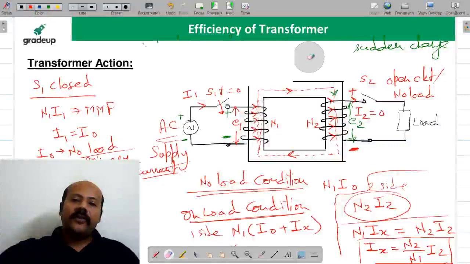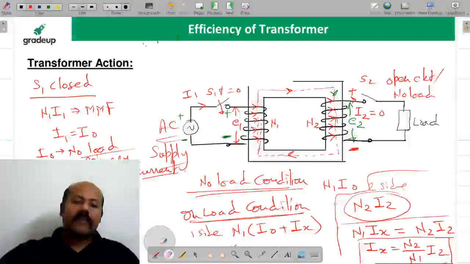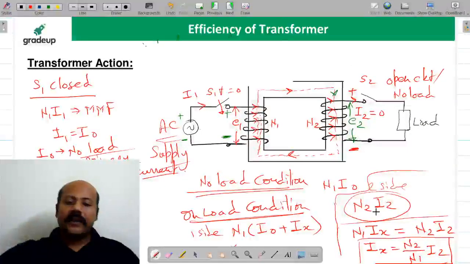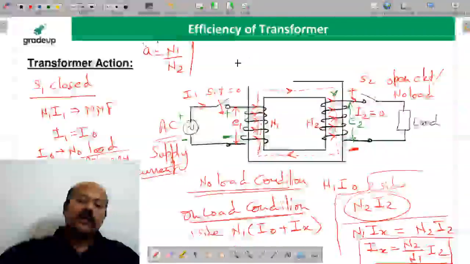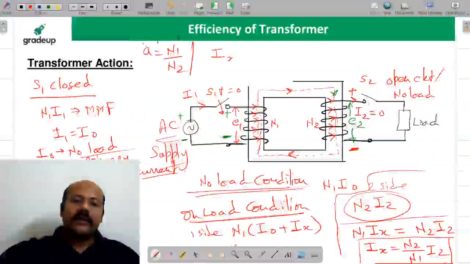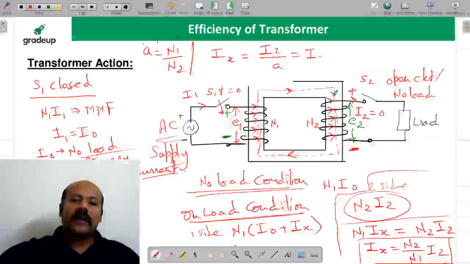Now just listen to me very properly. Suppose we are calling the transformation ratio A as N1 upon N2. Can you tell me what is this current? This current is going to be I2 upon A, and this we are calling as I2 dash.